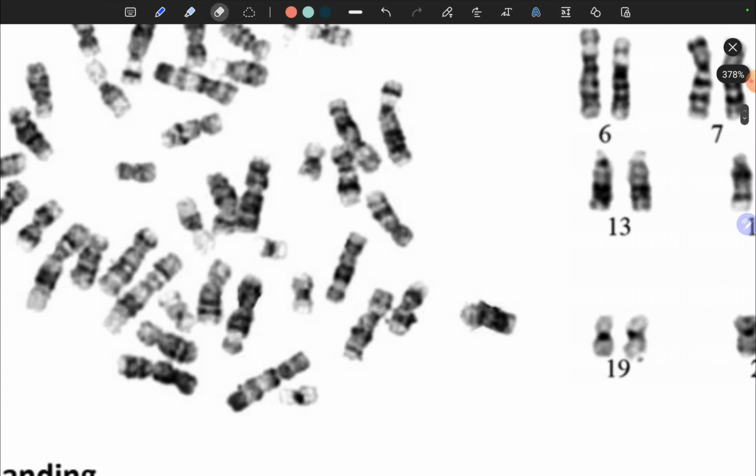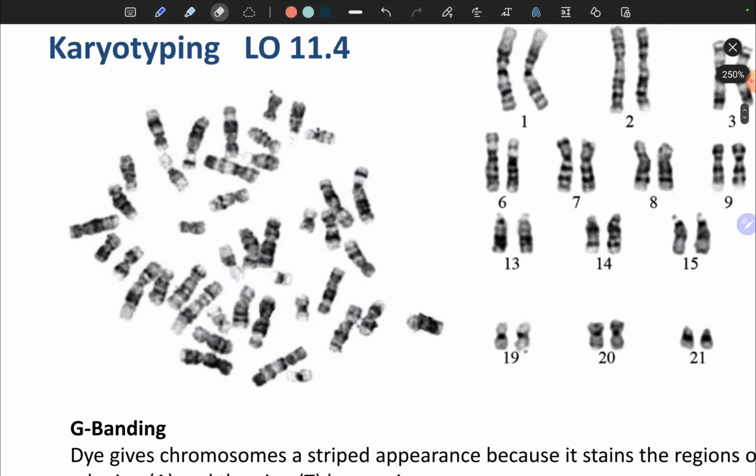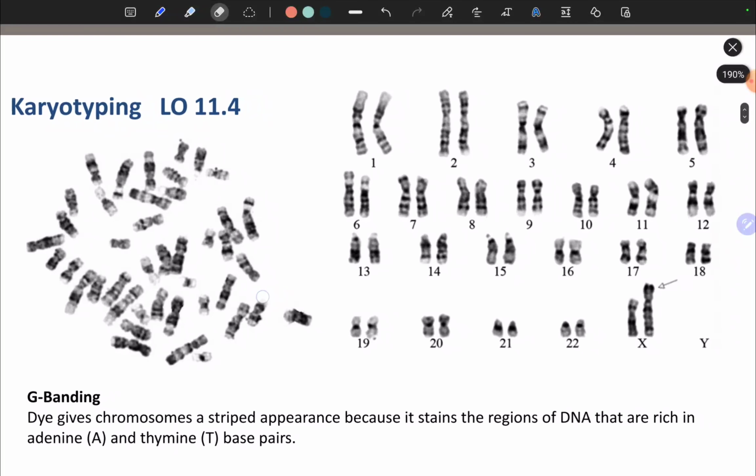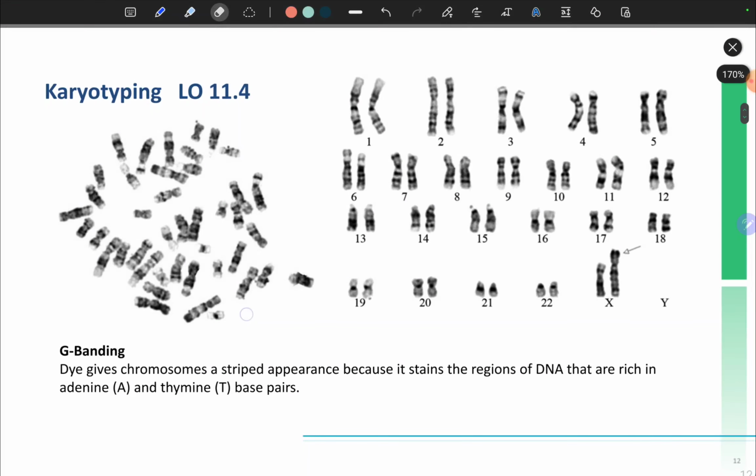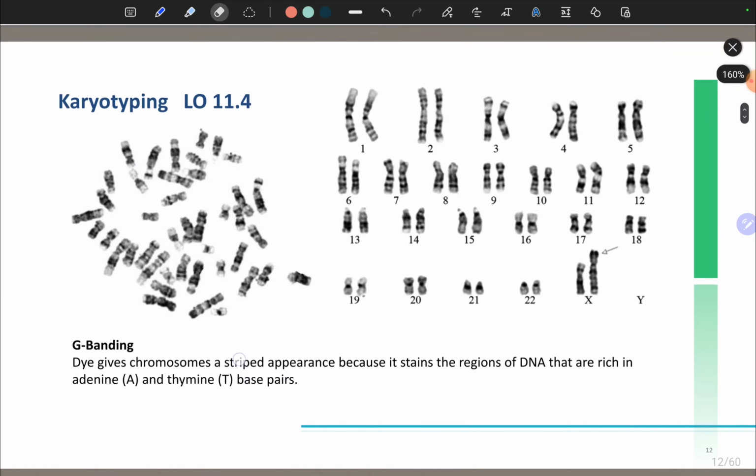This is the chromosomes before they divide. So they are mixed together like this. How do we organize them? Usually with software, or in the early days, they used scissors and cut the micrograph like that, and they put the chromosomes together in a usually nice manner.